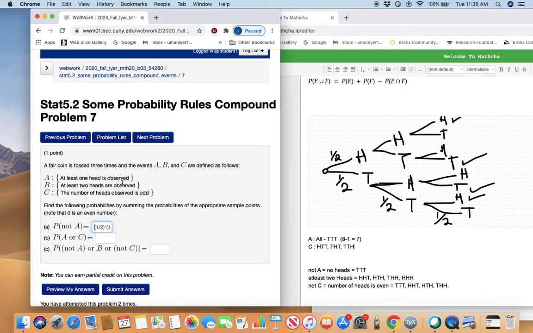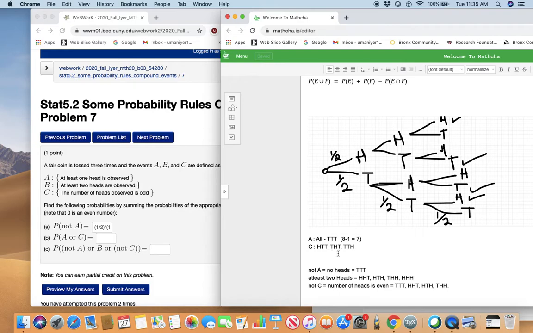So at least one head or number of heads observed is odd. Well, number of heads observed is odd means one head, right? HTT, THT, TTH, or 3 heads. These are odd number of heads. All right. But notice they are all mentioned here already. So A contains C. I don't need to count this again. They have been counted in A already.